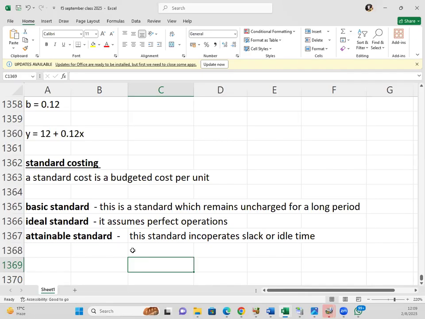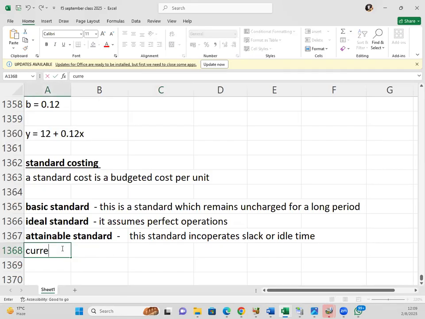Let's move on. Then we can have a current standard. That's the last one, the current standard. This one is normally a short-term standard. It is a standard set for a short period of time.